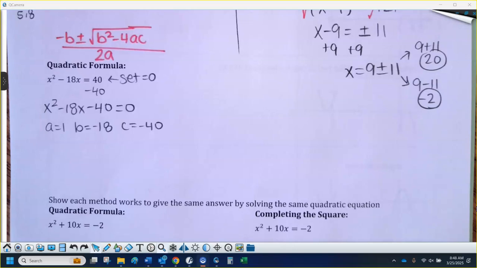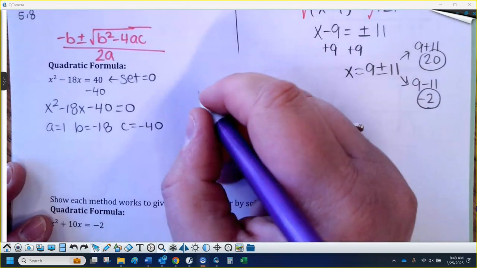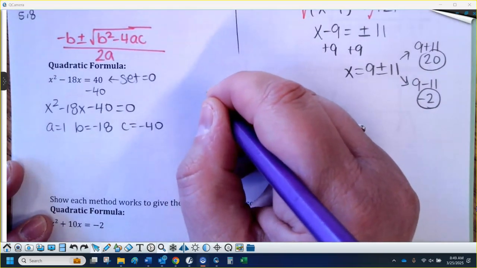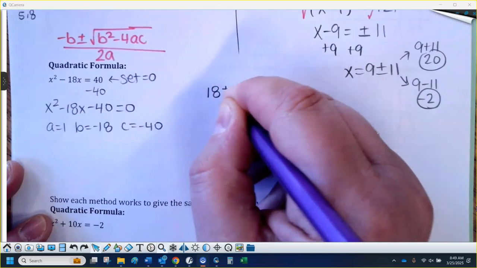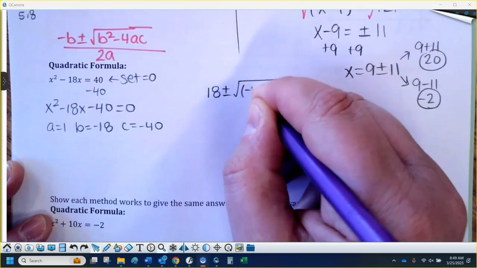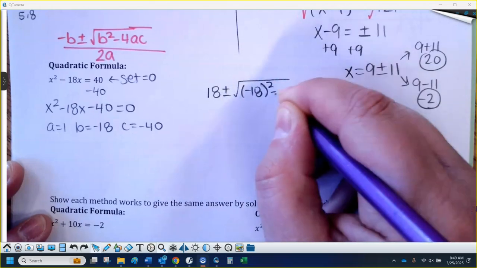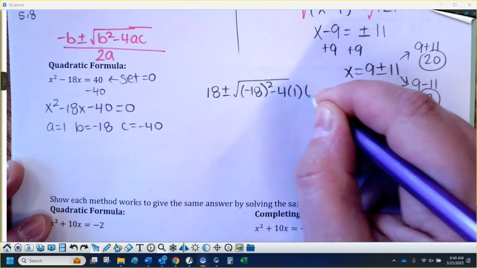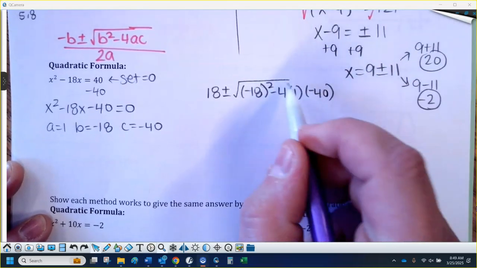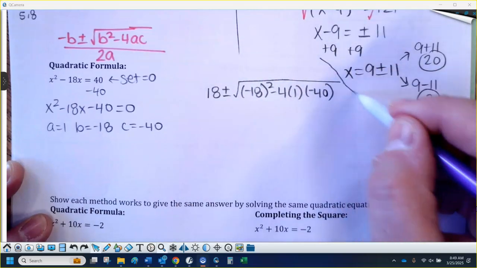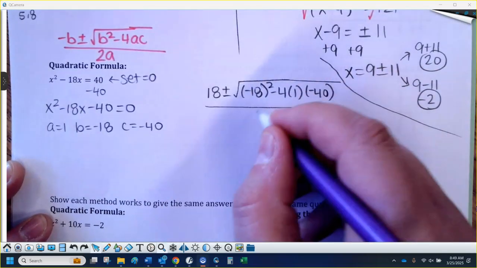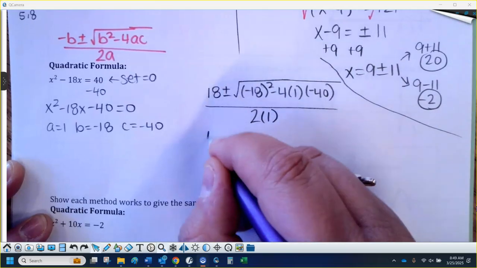We're just going to plug it into that lovely quadratic formula. All right, so opposite of b would actually be positive 18, plus or minus square root of negative 18 squared minus 4 times 1 times negative 40. Sorry, I'm kind of bleeding into this question over here. Everybody over 2a, which would be 2 times 1.